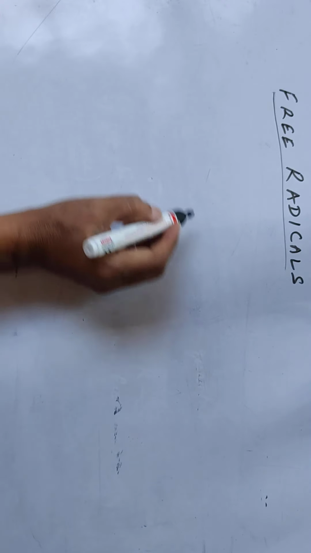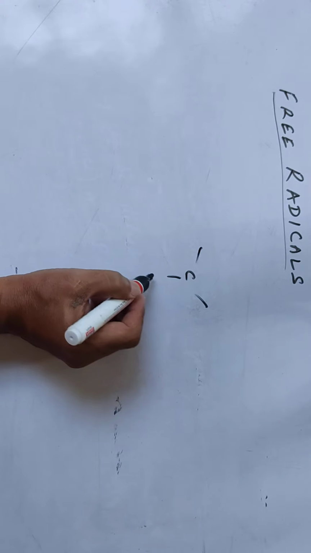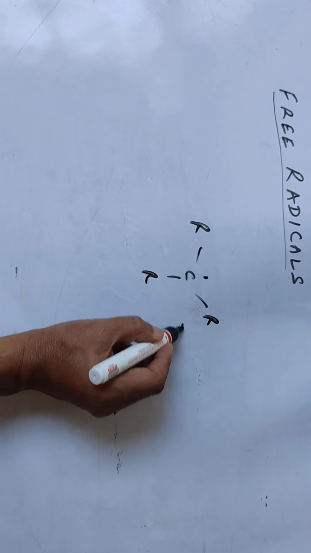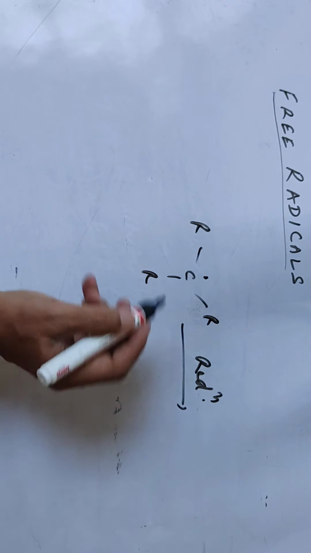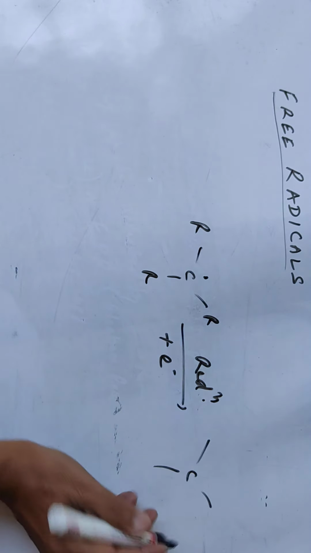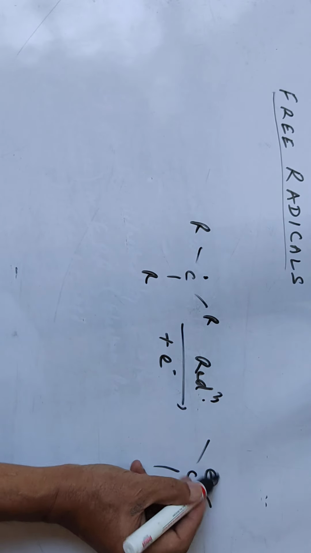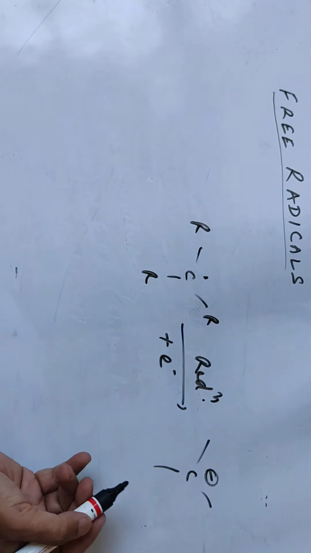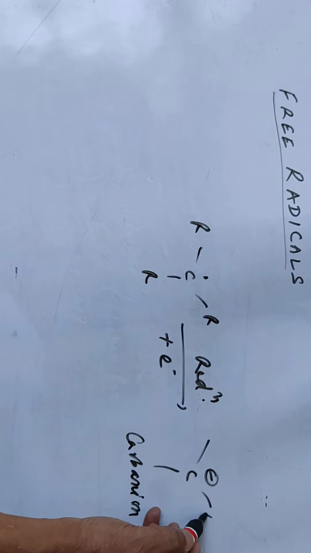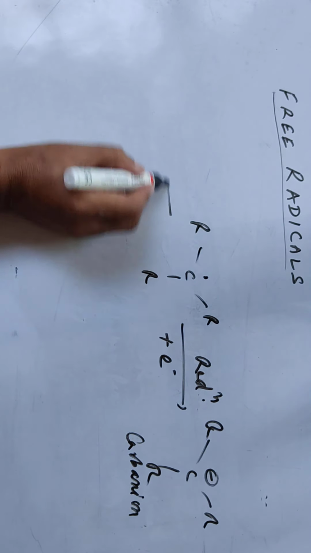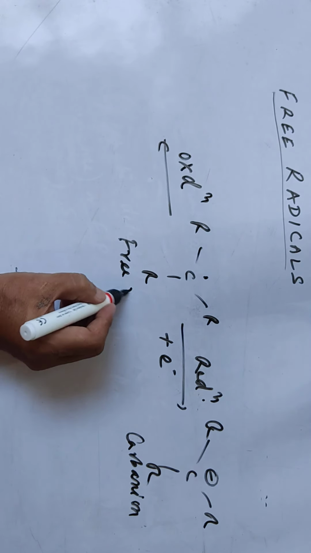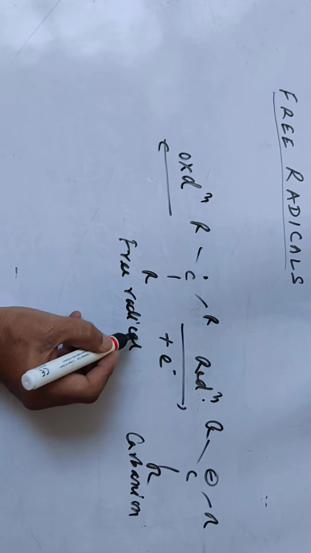Suppose this is a free radical. Reduction means addition of electrons, so one electron comes in and this gives a negative charge. This is a carbanion. Now we oxidize the free radical, represented by a dot.